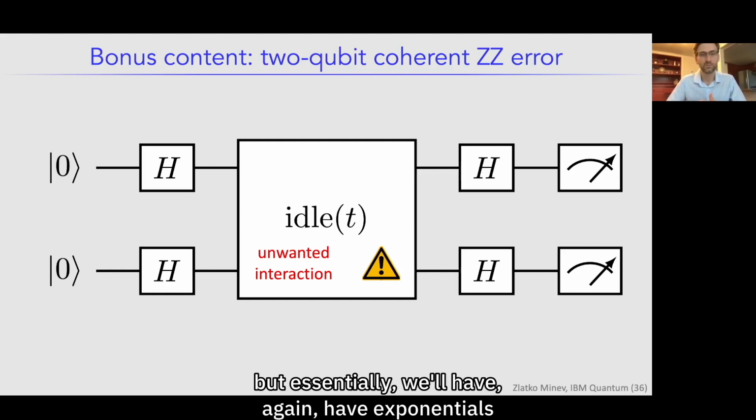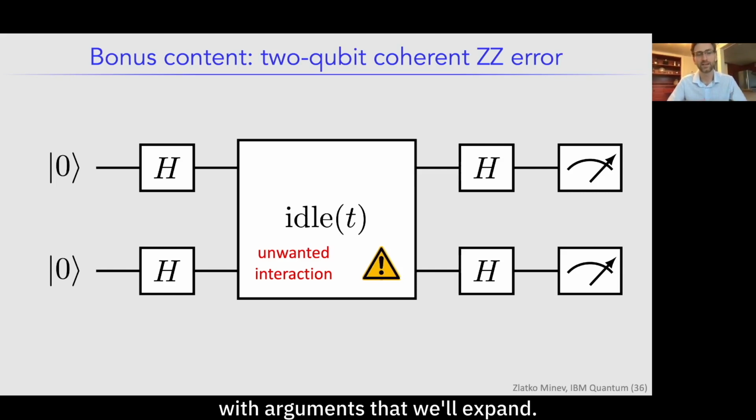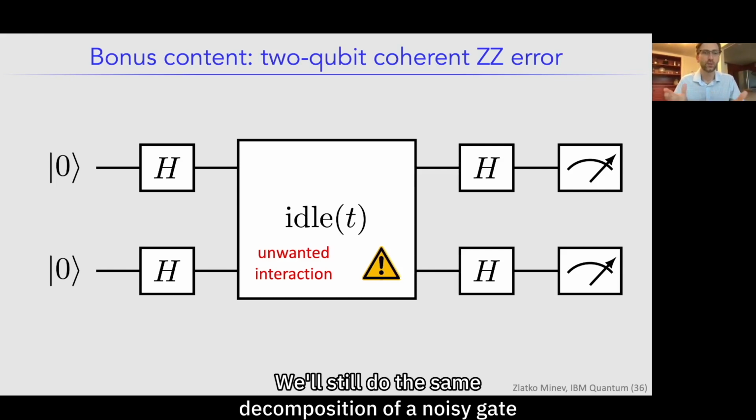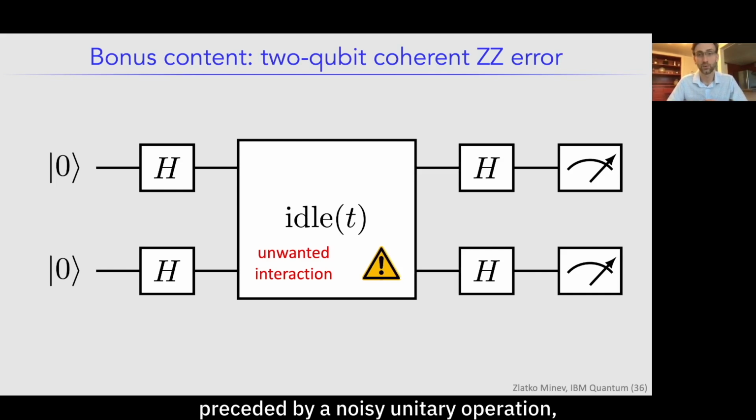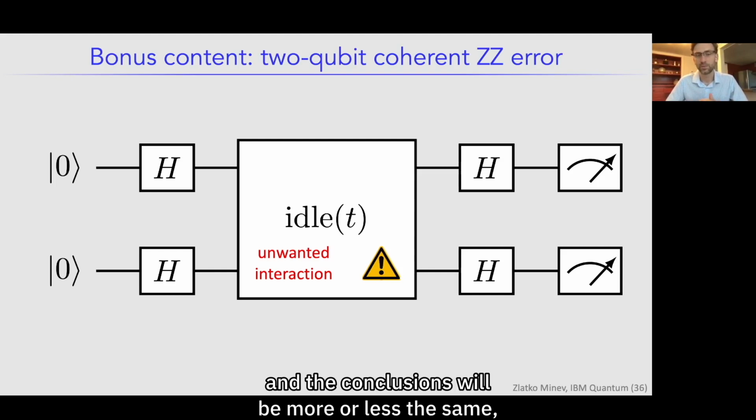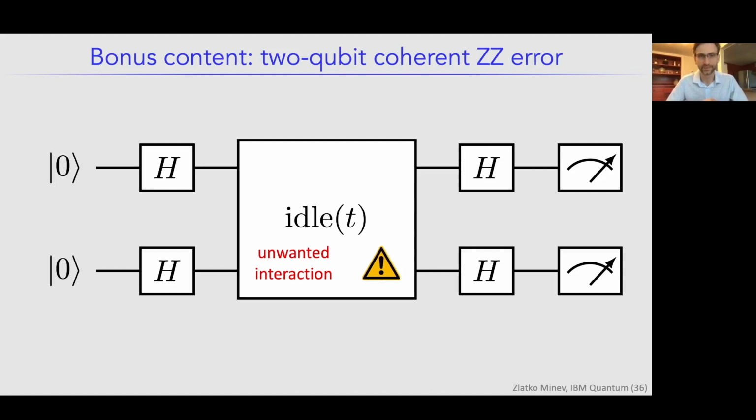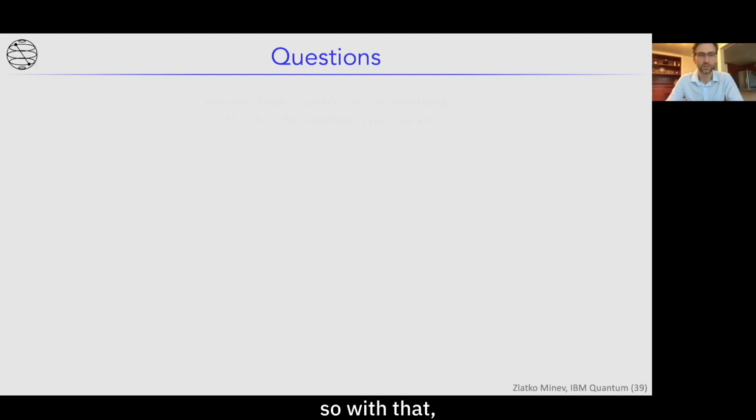Essentially, we'll have exponentials with arguments that we expand, we'll add rotations, we'll still do the same decomposition of a noisy gate preceded by a noisy unitary operation, and the conclusions will be more or less the same.